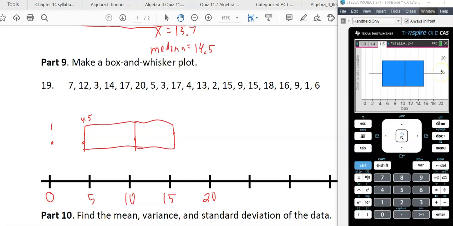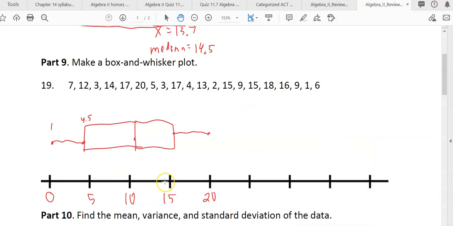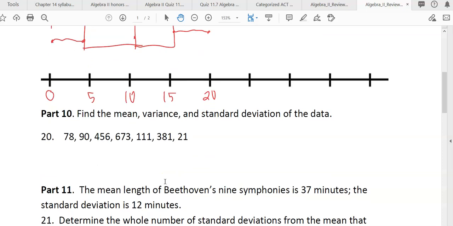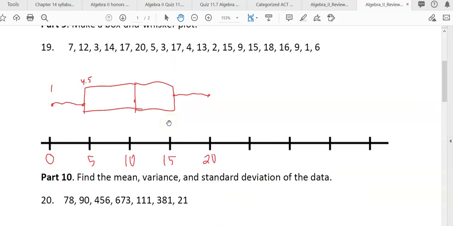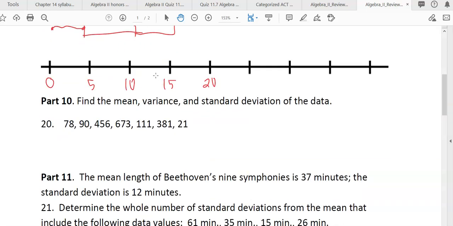And the max is 20. Or something like that. That's pretty good. As long as your scale is nicely ordered and you plot the points correctly. It's not a bad idea to write what they are. I stopped doing that, but I probably should have written 10.5 and 15.5, etc.